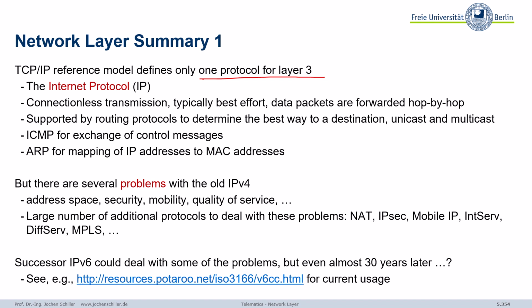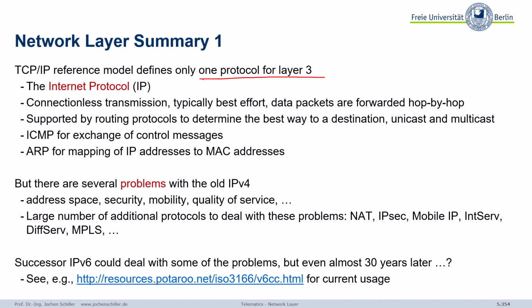We saw that there are several problems with the old IP version 4, not only the address space, but also security and quality of service, etc. So already in the old IP version 4, we saw the extension with differentiated services. I haven't touched integrated services. There are things like mobility support with mobile IP, but there are also things like network address translation where we can discuss if this is a good idea.